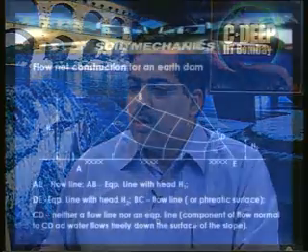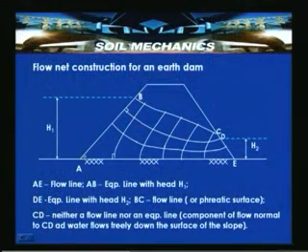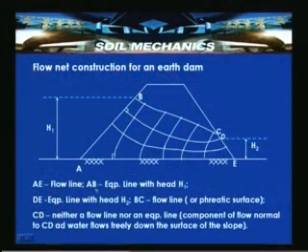Since these are equipotential lines, the flow lines have to start orthogonal to them and meet the equipotential line at right angles, so this orthogonality has to be maintained. AE is a flow line because, if it is treated as an impervious boundary, flow cannot take place across AE.